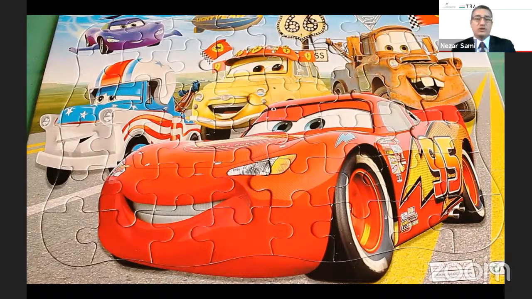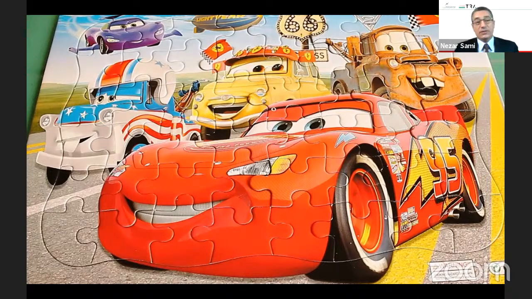My first question to you: if I have these pieces of the puzzle scattered, disconnected, and I want to build this nice puzzle, what is the first thing that I need to do to complete this design?